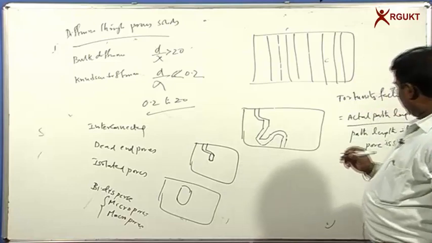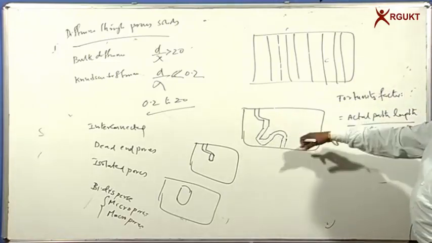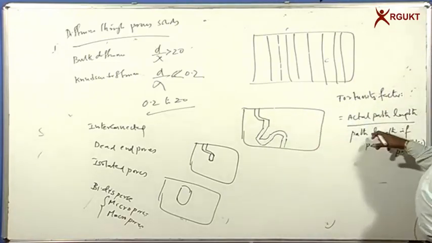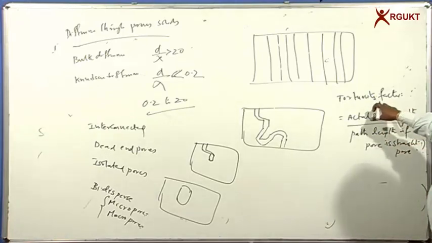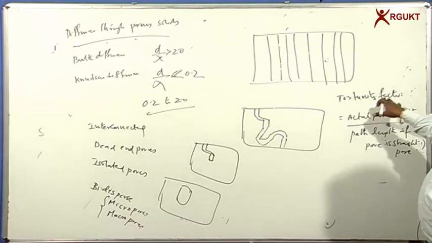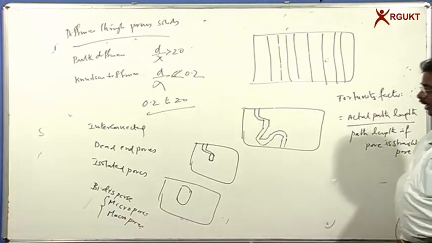The actual path length is what is taking place for the mass transfer to occur, and the other is the path length if the pore is a straight pore. So this is what we call the tortuosity factor.